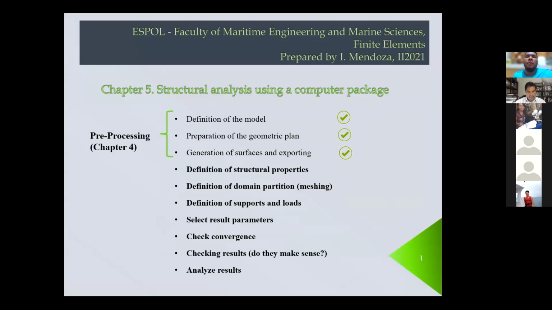Okay, and good morning, students. So we're going to see chapter 5, which is about structural analysis using a computer package. In the previous classes, we saw the pre-processing part, remember? In this part, we saw the definition of the model, preparation of the geometrical plan, and generation of the surface and exporting.